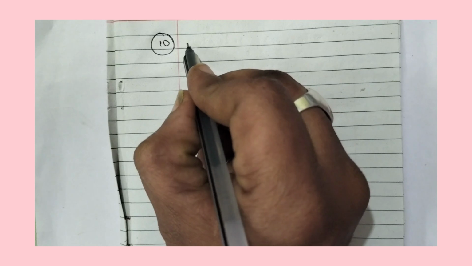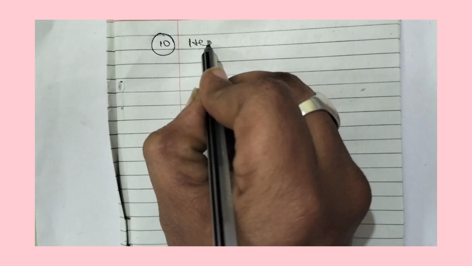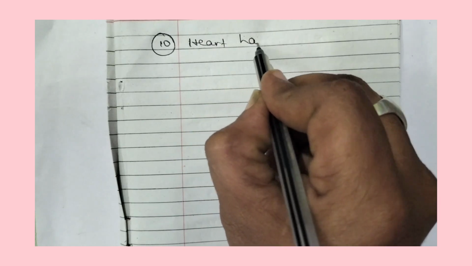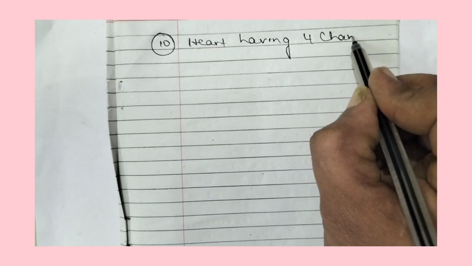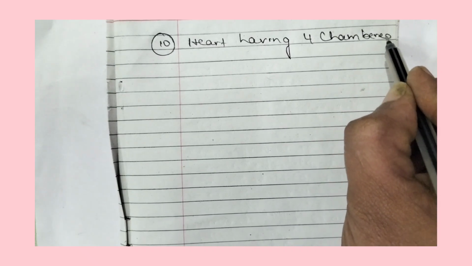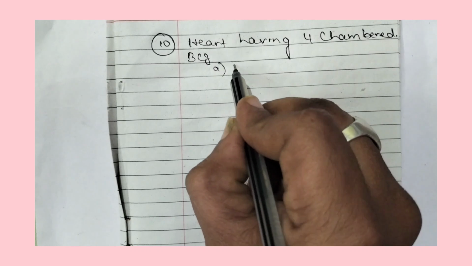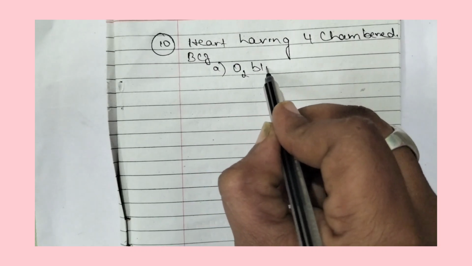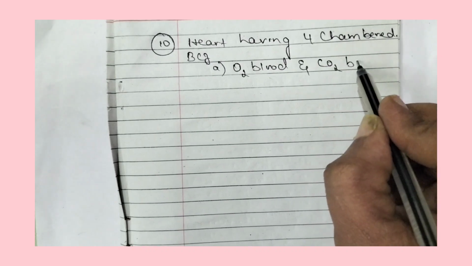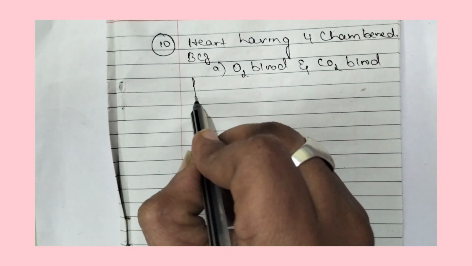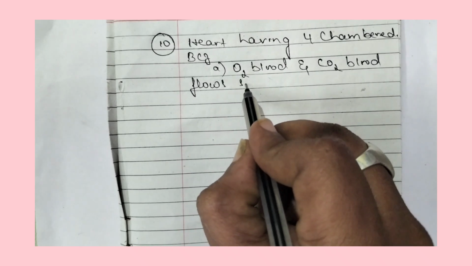So that is the heart having 4 chambers, because oxygenated blood and deoxygenated blood flow separately.